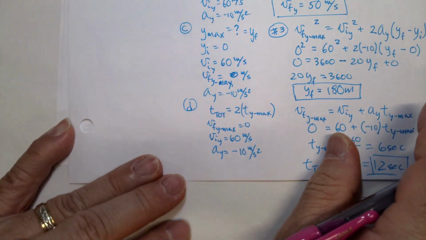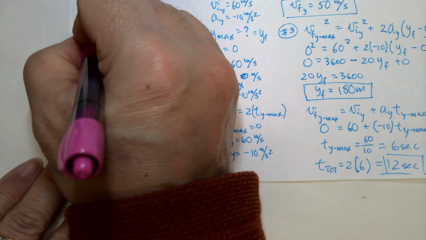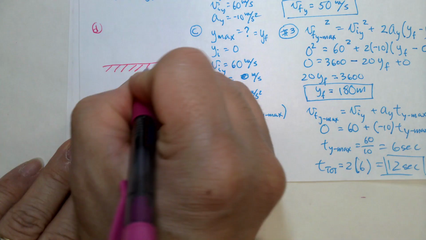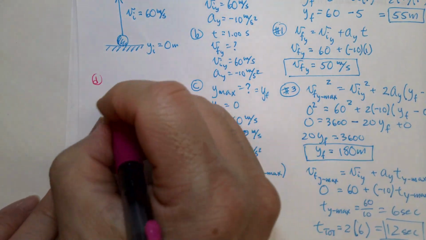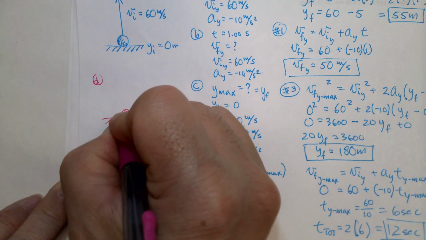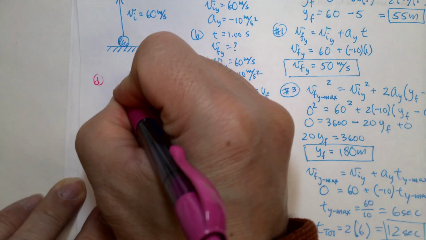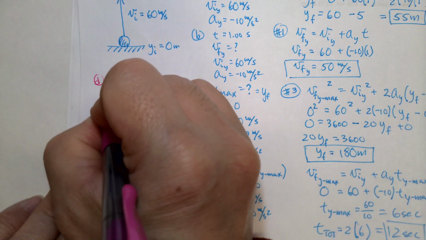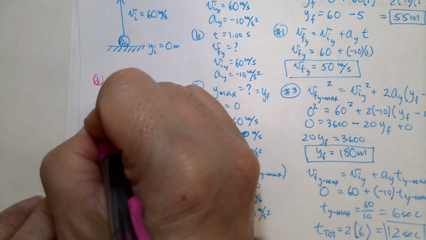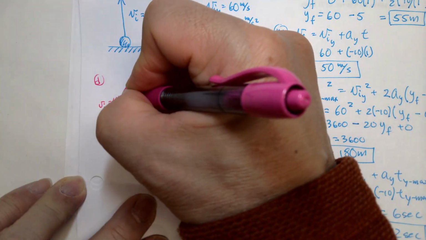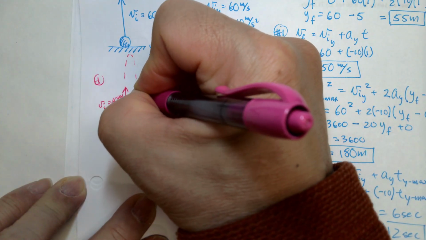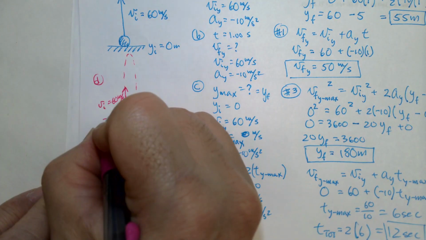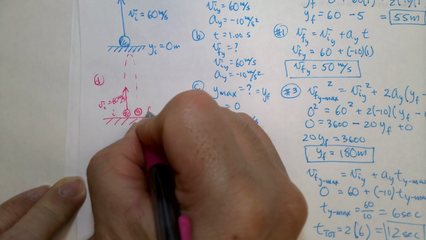Or another alternative way for part D is if you were to think about, this is the Earth, right? We start here going up at VI equal to 60 meters per second. And it's going to go all the way up, and it's going to come back down to the same height, right? So this is your initial, and this is your final.